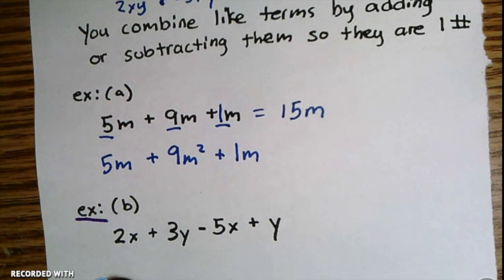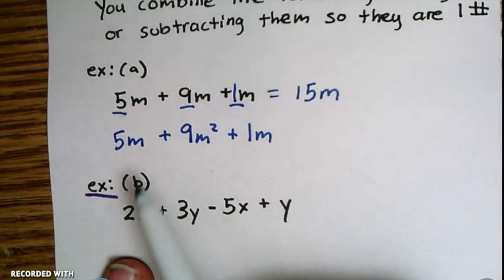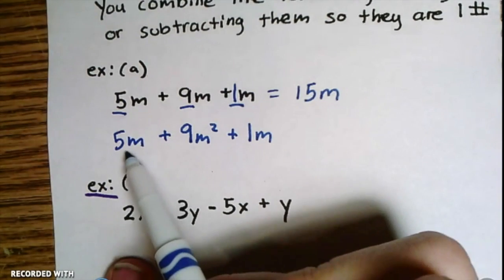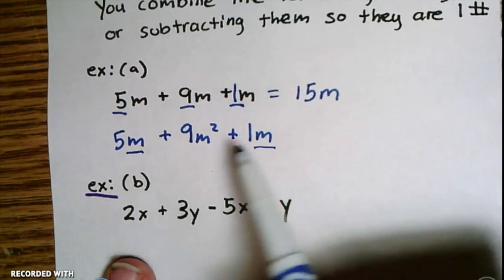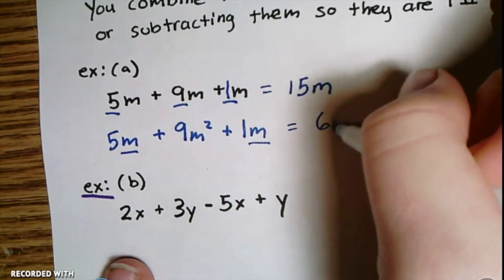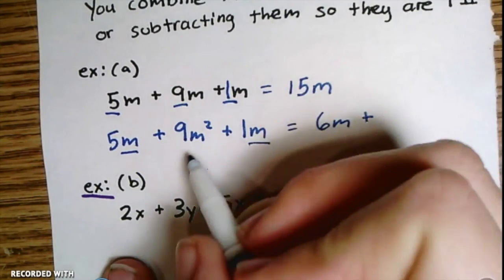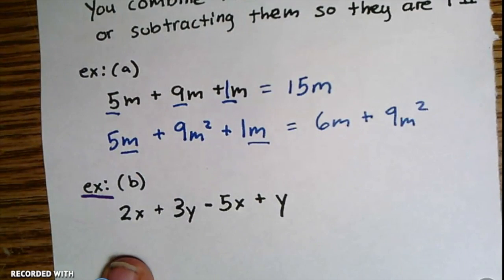Now, what about if instead of that, I had 5m plus 9m squared plus 1m? Now in this case, I can't combine my m squared with my m's, but I could still simplify this because I have two that are just m. So I would do 5m plus 1m, and that would be 6m plus, and I would leave this one 9m squared.